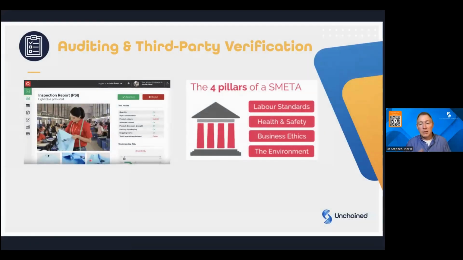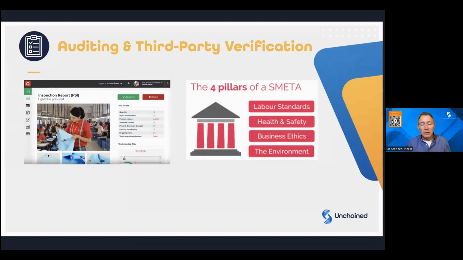Moving on is the concept of auditing and third-party verification, which you may also be familiar with. Here we have some good examples. There are organizations like Kima, based in Hong Kong, who can put boots on the ground in 95 countries and run all manner of audits, not just on human rights, but also on quality.